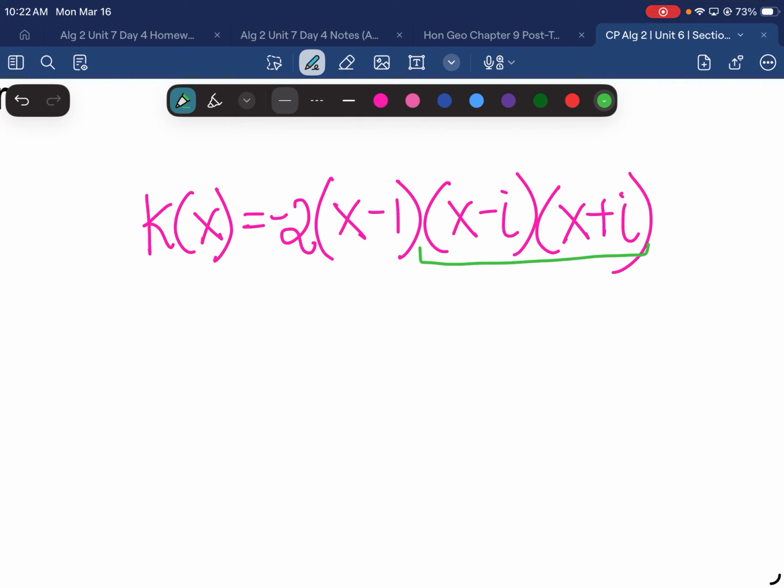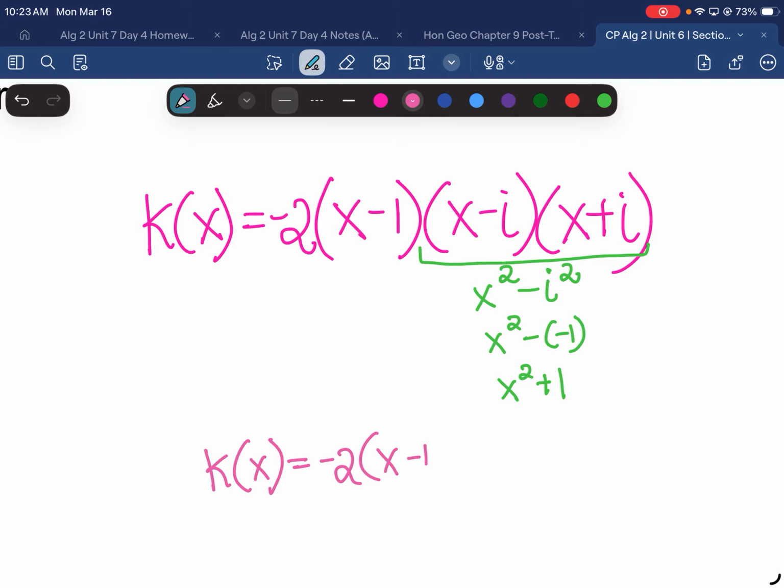Because your outers and your inners are going to cancel out. So here's what I have. K of x equals negative 2 times x minus 1 times x squared plus 1. I forgot my squared.